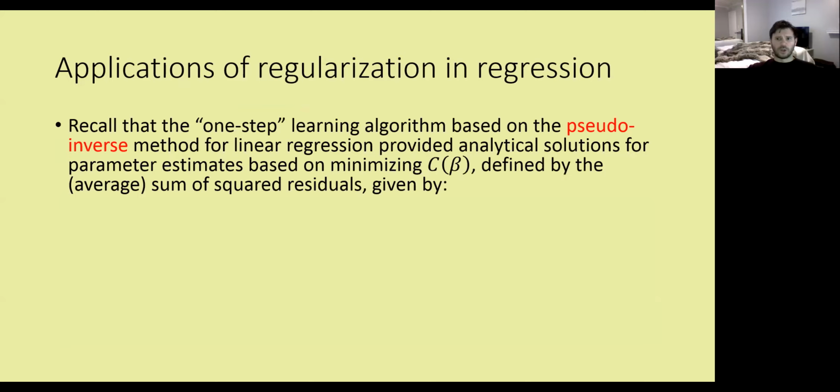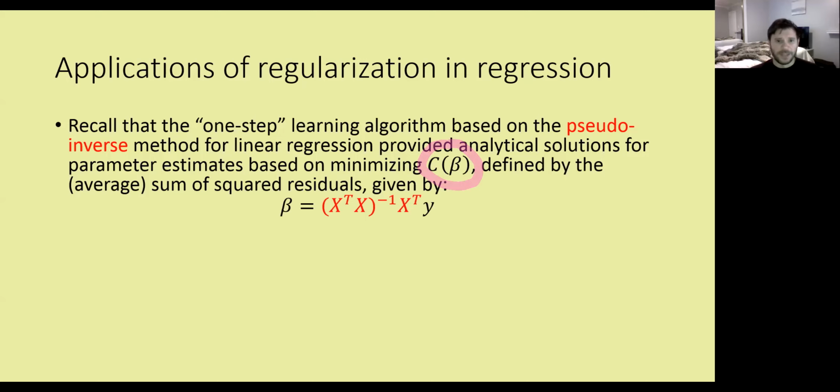So at this point, it's a good idea to recall our pseudo-inverse estimator when we were trying to minimize the sum of squared residuals. That was our non-penalized cost function from our linear regression framework. And when we solved that calculus problem, we took the first order conditions and solved for our beta vector. What we found was the following.